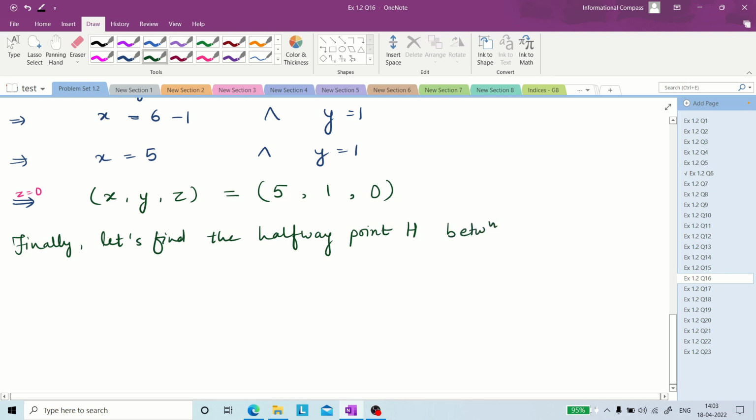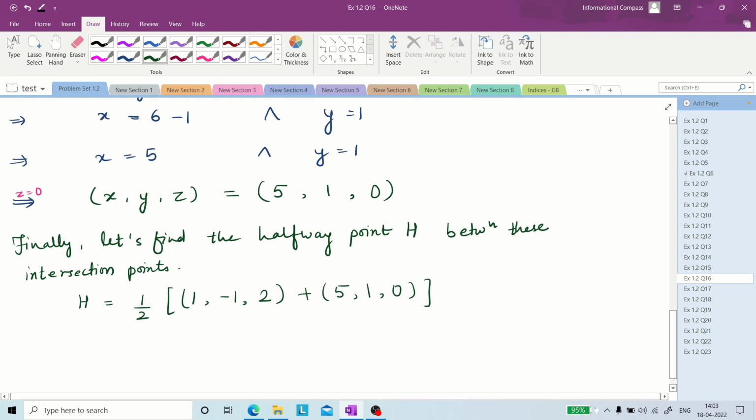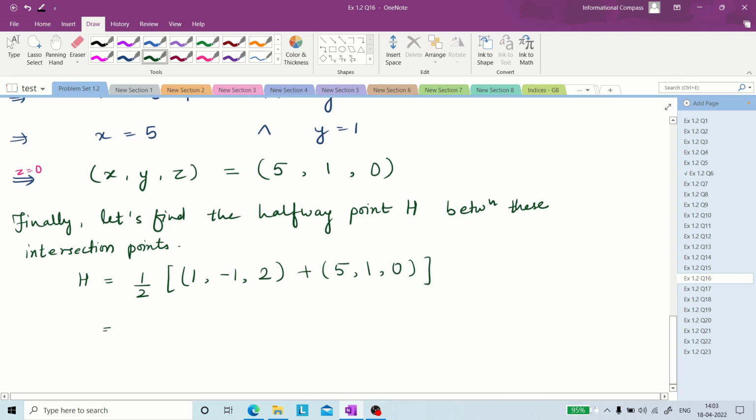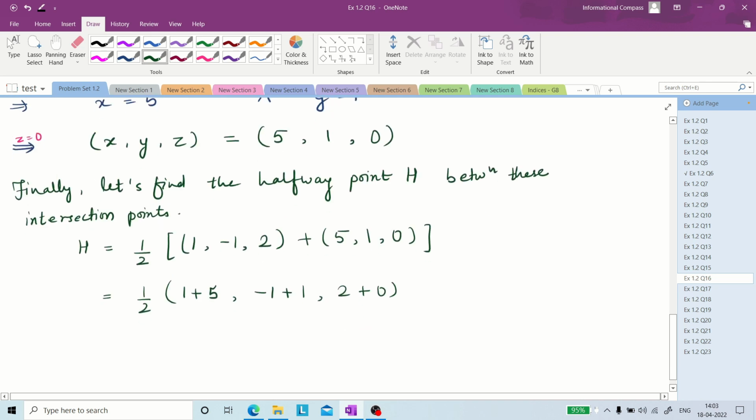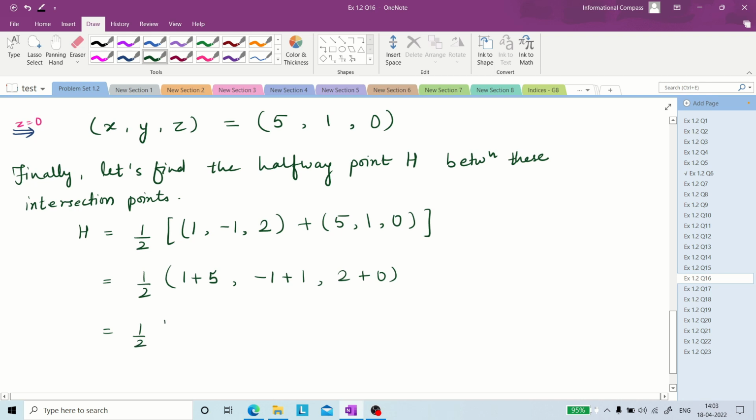Between these intersection points, h is equal to half of (1, minus 1, 2) plus (5, 1, 0), which is half of (1 plus 5, minus 1 plus 1, 2 plus 0). Yes. So this is half of (6, 0, 2), which is basically (3, 0, 1).